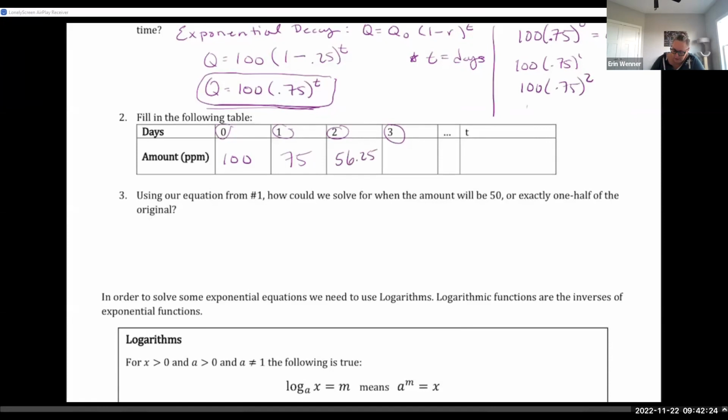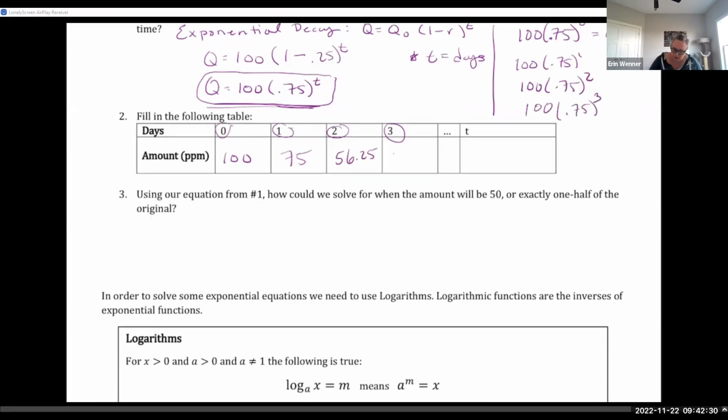And on day 3, 100 times 0.75 to the third, which is 42.19. What is happening here is every time we're taking 25% off, but we're taking 25% off of the new value. And so this is exponential decay.